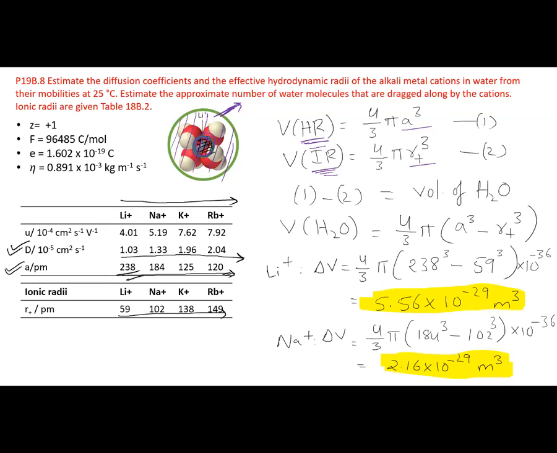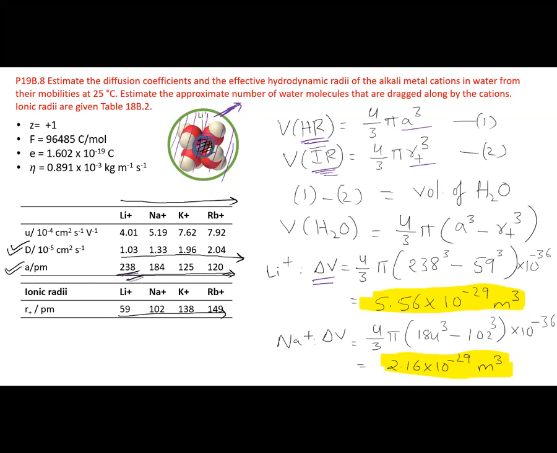Let's calculate for lithium first. For lithium, the delta volume, the change in volume or the volume of water, is equal to 4 over 3 times pi times (283 cube, which is the hydrodynamic radius in picometers, minus 59 cube) picometers, times 10 power negative 36. Basically, I'm converting the picometers to meters.